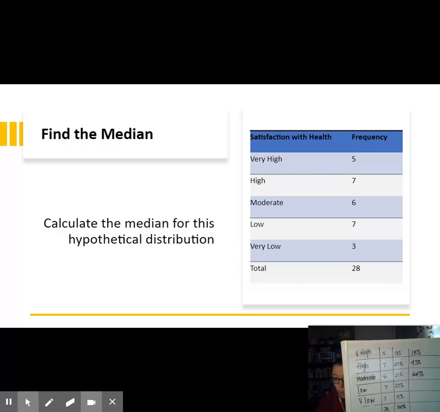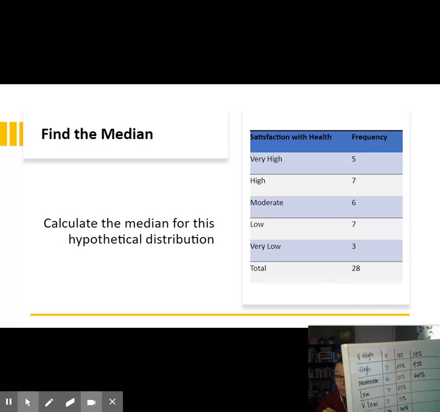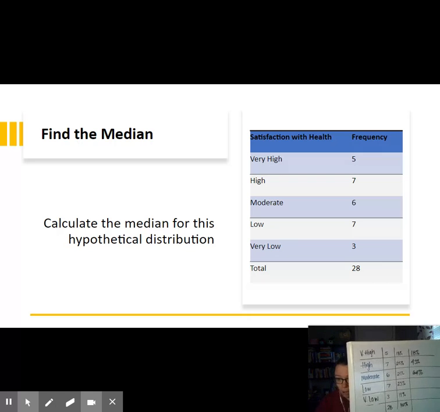I have 5 ping pong balls, and I know that those 5 make up 18% of my total amount of ping pong balls. Then I add in the next category, which is high, so 7 more ping pong balls go over here. Now I have 12 ping pong balls in very high and high, and the rest of my ping pong balls out of 28 are still over here.